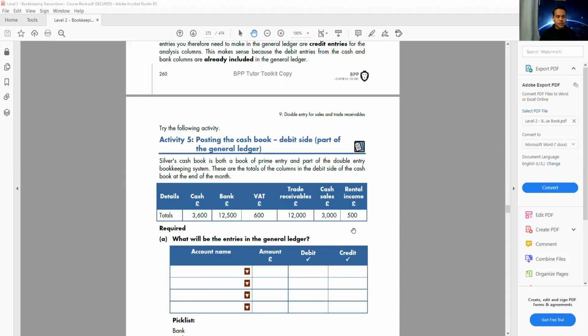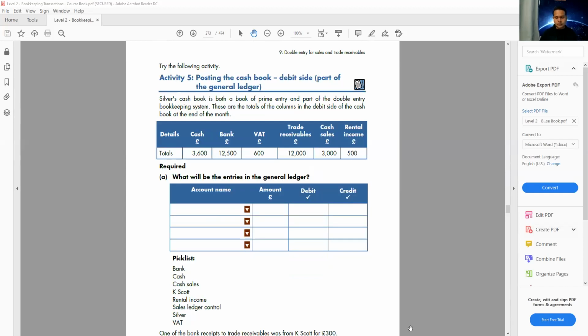The next question we have here, they said posting from the cash book, again same thing, cash book debit side, but this time they said it is a part of general ledger. So what are you going to do if this is a part of general ledger?